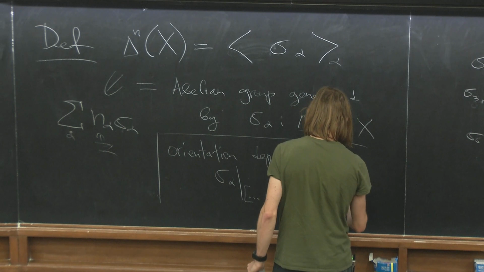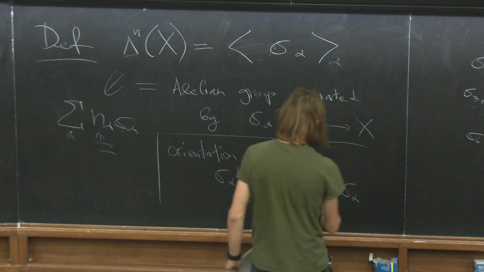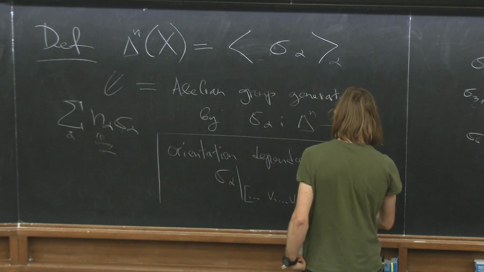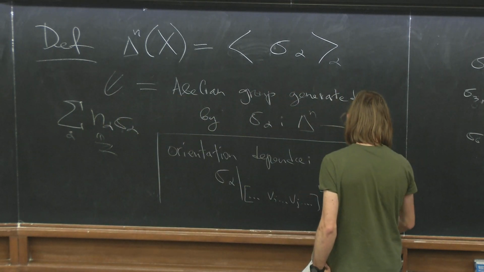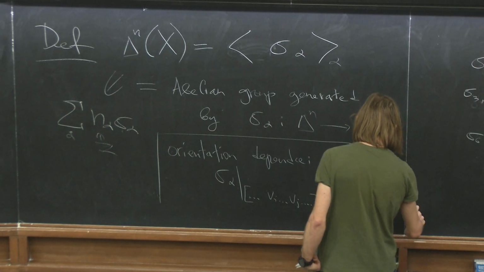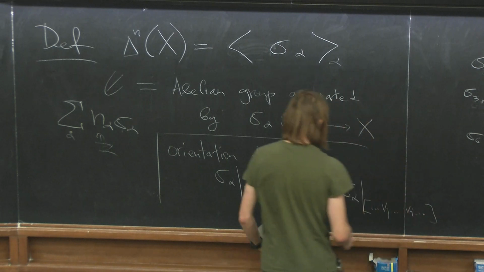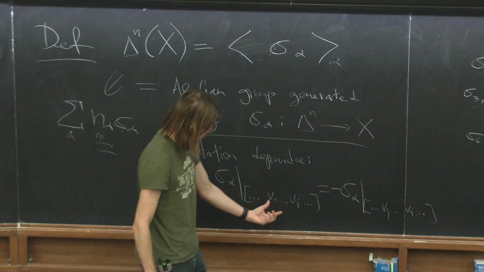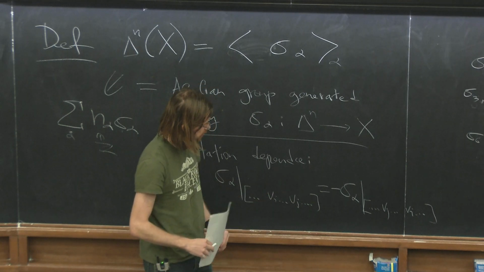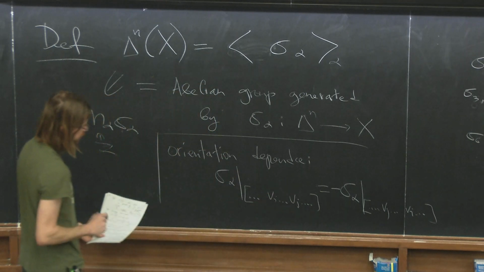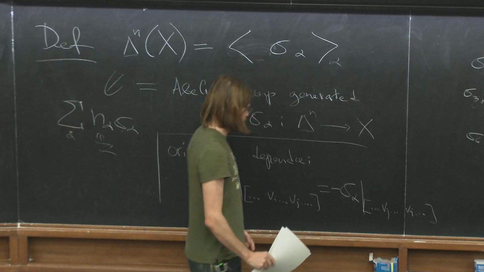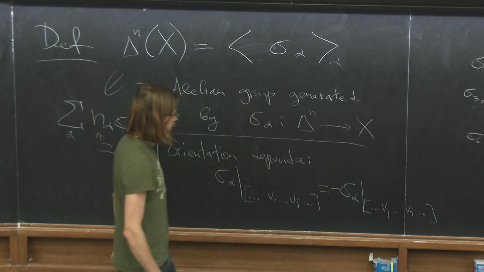Then it should be identified with minus sigma alpha, essentially the same map, but considered as a map from a simplex where the order of vertices is changed so that two vertices are transposed. So if I transpose two vertices in my sequence, this will change the sign.